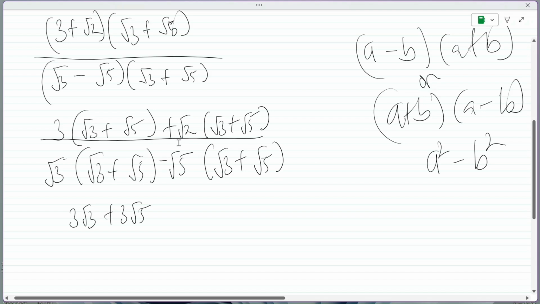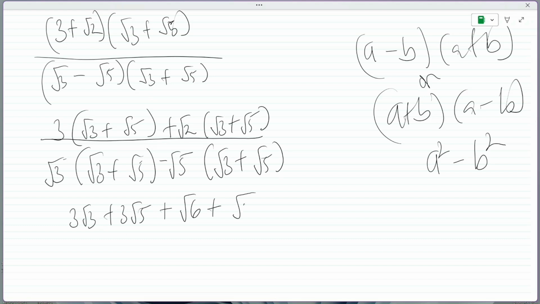Then the plus root 2 times root 3 will give you plus root 6. That's both of them are in square root. So you take the square root, then you do 2 times 3, that's 6. Then you have plus root 2 times root 5 will give you root 10. That's both of them are in square root. You pick one of the roots, then you do 2 times 5, that's 10.